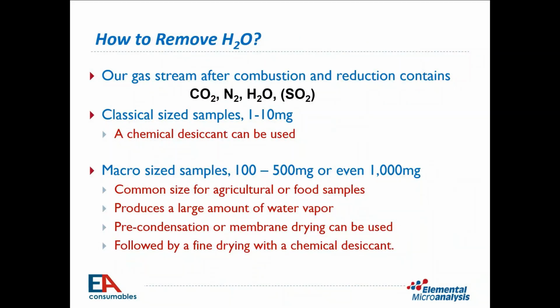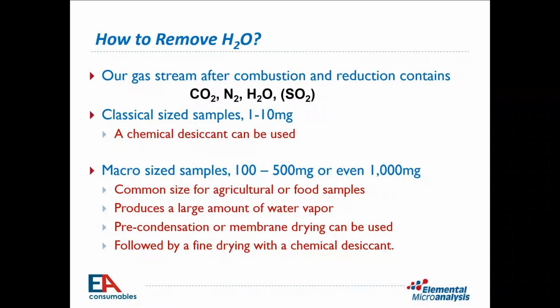So how do we remove water? So recall that our gas stream after the combustion and reduction contains these CO2, N2, H2O, and SO2. For classic elemental analysis, where the sample sizes range from 1 to 10 milligrams, just a chemical desiccant, which we'll talk about later, can be used without any issues.